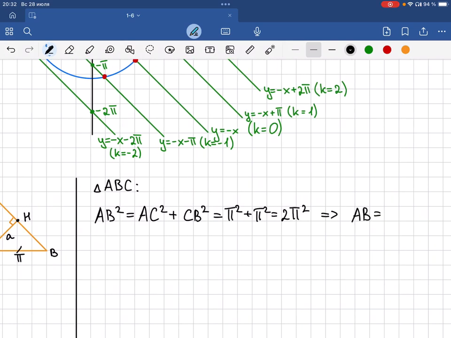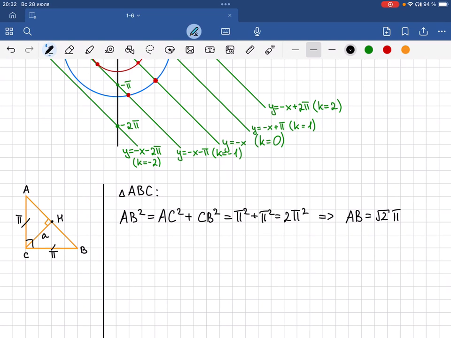Consequently, AB is equal to square root of 2 multiplied by pi. We still want this solution to be positive. This side is equal to square root of 2 multiplied by pi. Okay. We also know that AC equals CB, which means that our CH here is not only a height, it's also a median.